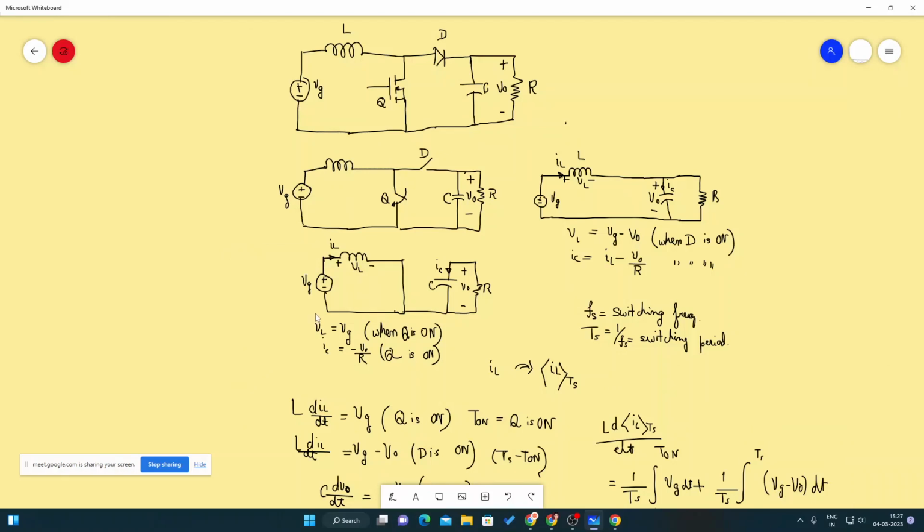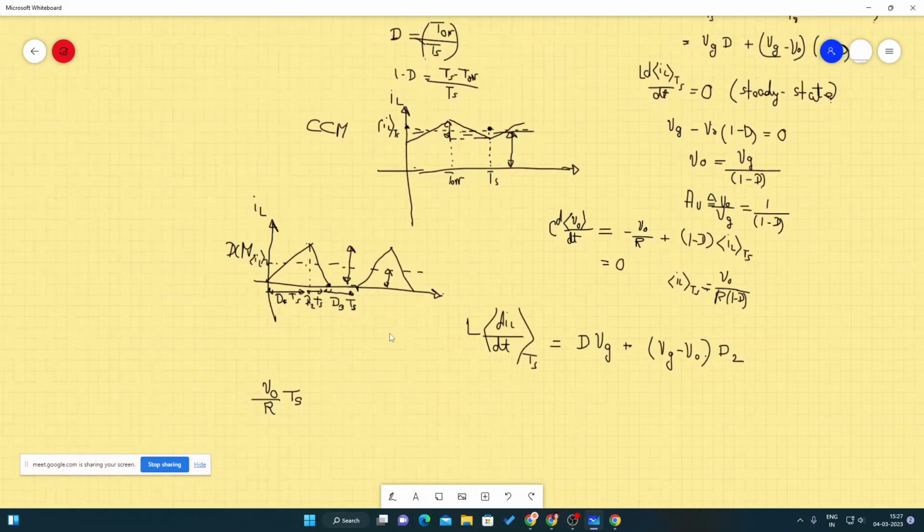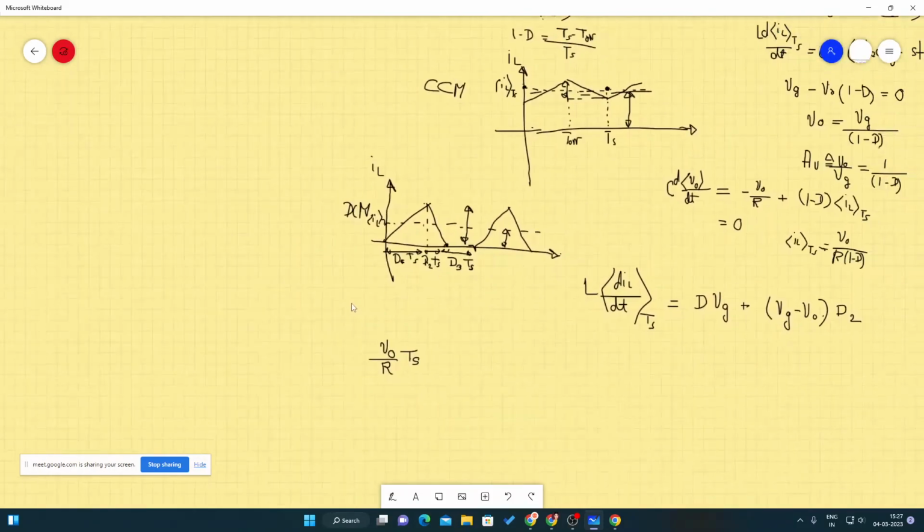Now how much charge is going into the capacitor throughout the TS duration is when the diode is turned on. So what will it be? When the diode is turned on, it is basically this duration, right? The integration of the current waveform under this duration will give me the charge.